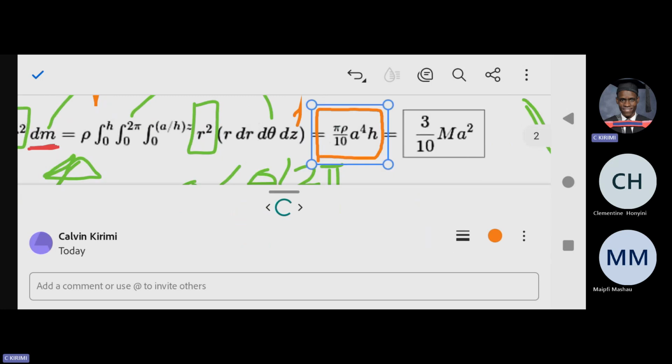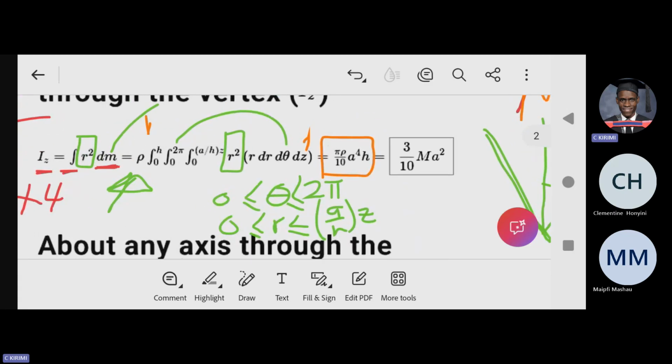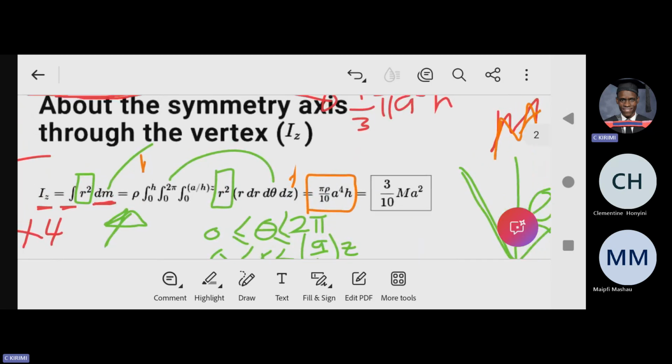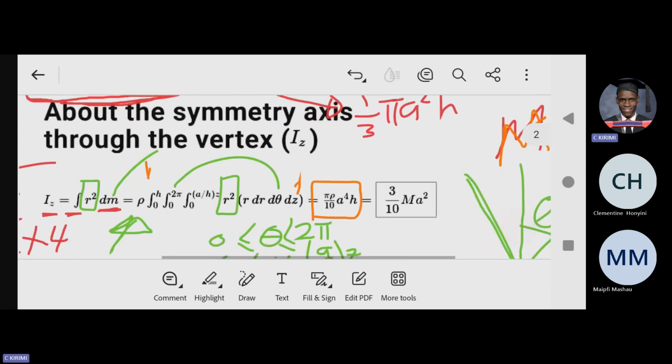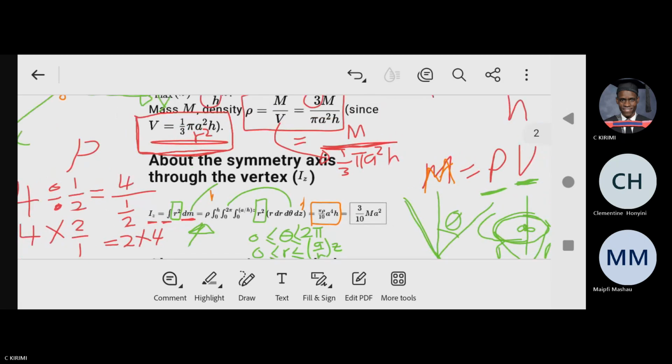Now, once you arrive at that point, it's just a matter of manipulating so that we bring back the mass. We must bring back the mass. And also the h, it must also disappear. How is it going to disappear? Let's go to rho, on our formula where we used rho.